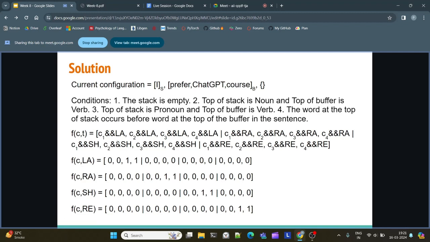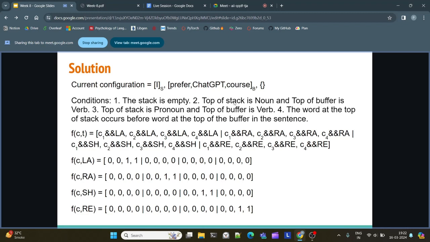So here, let's see, for the left arc. The first condition is the stack is empty. Is the stack empty? No, it's false. So we have a 0 over here. The next condition is the top of the stack is noun and the top of the buffer is verb. Is that the case? No, the top of the stack is not a noun, it's a pronoun.